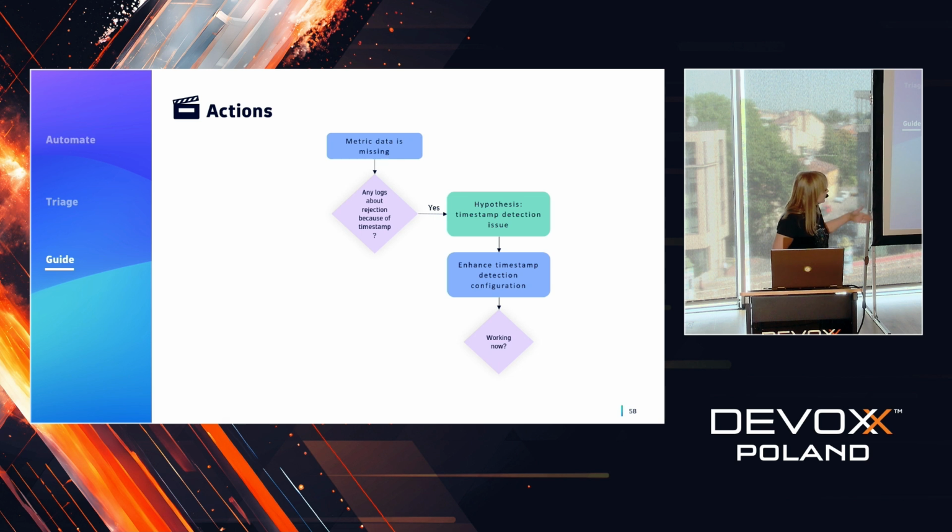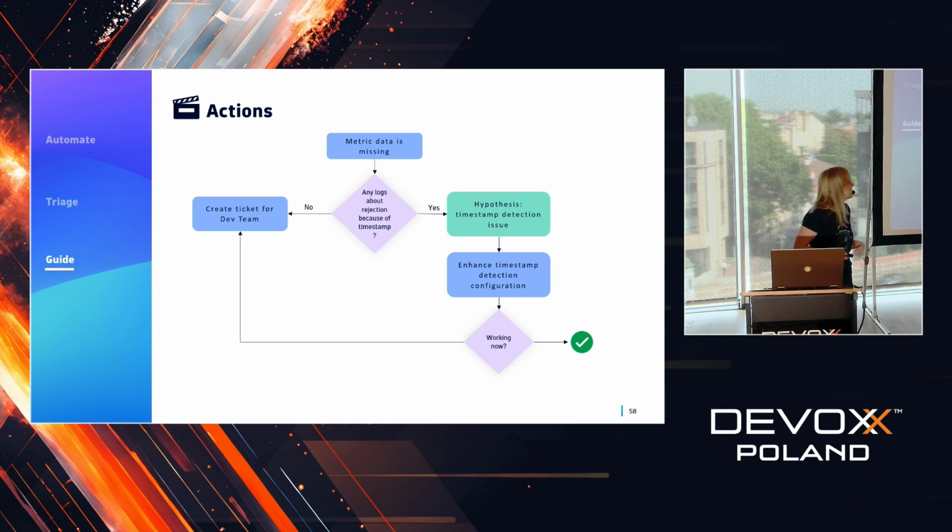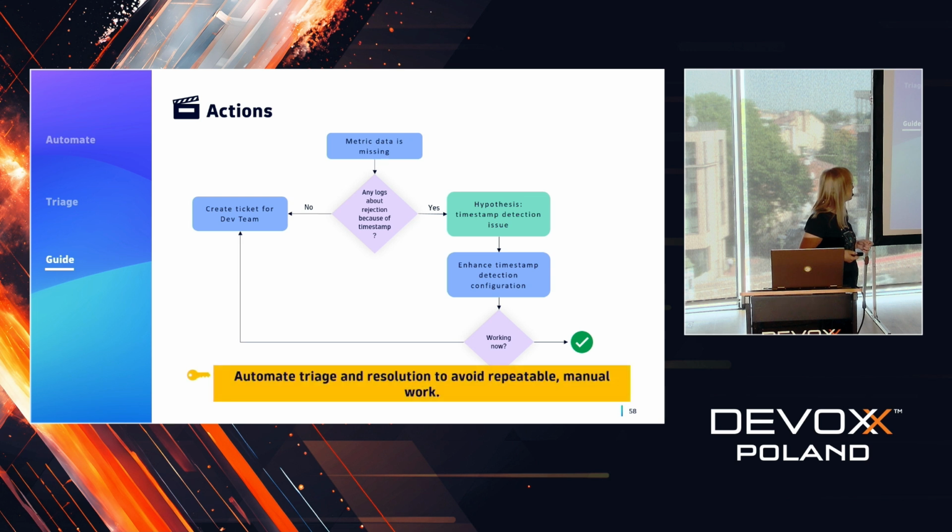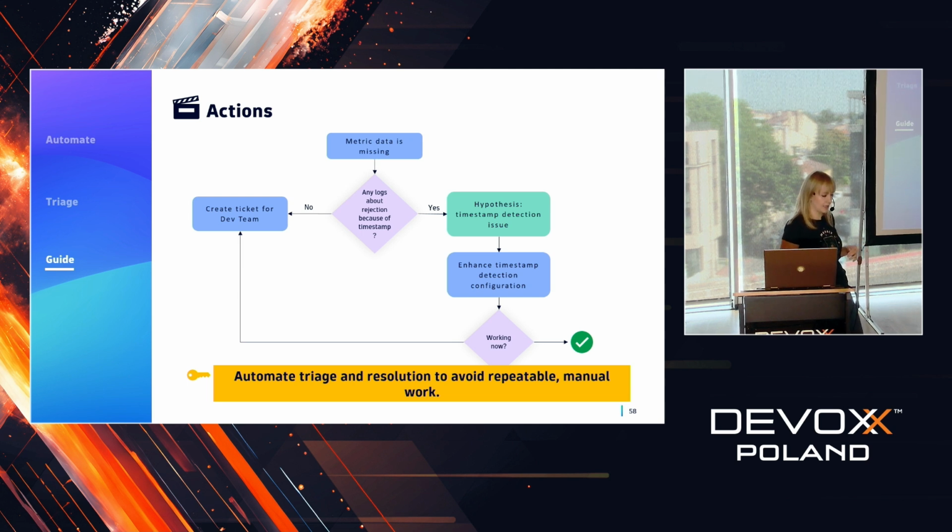And when we add those step-by-step guides, it will definitely speed up further analysis of the issue. So the key point here is that we should automate as much as we can. So we should create self-healing automation and triage of issues automation to avoid this repeatable manual work.